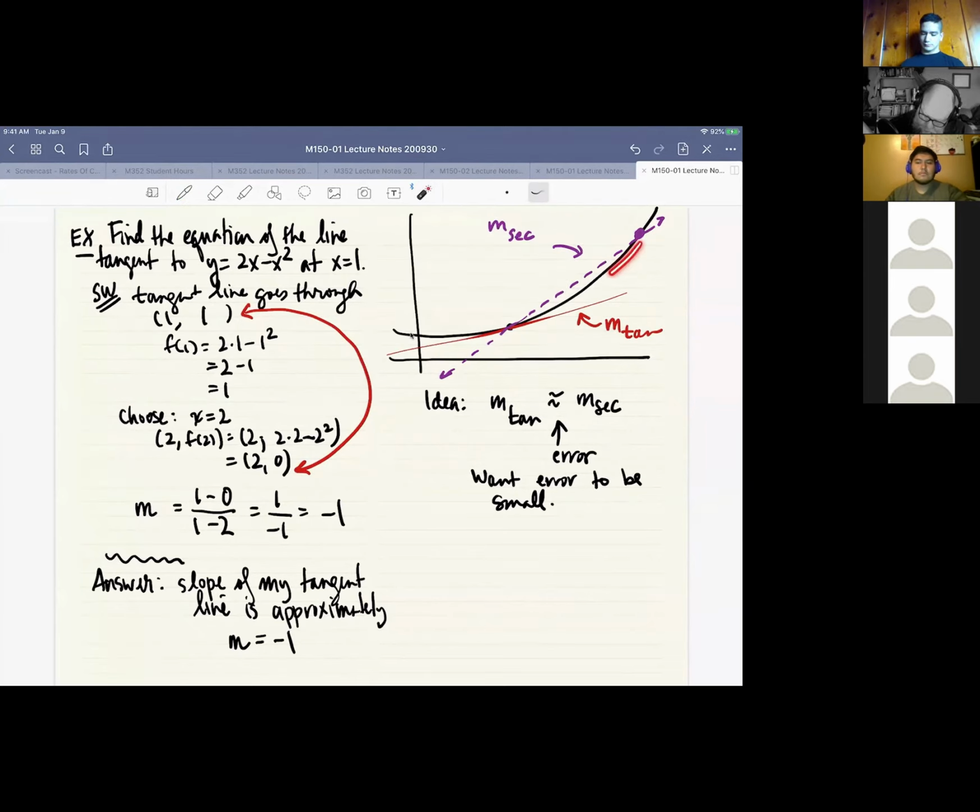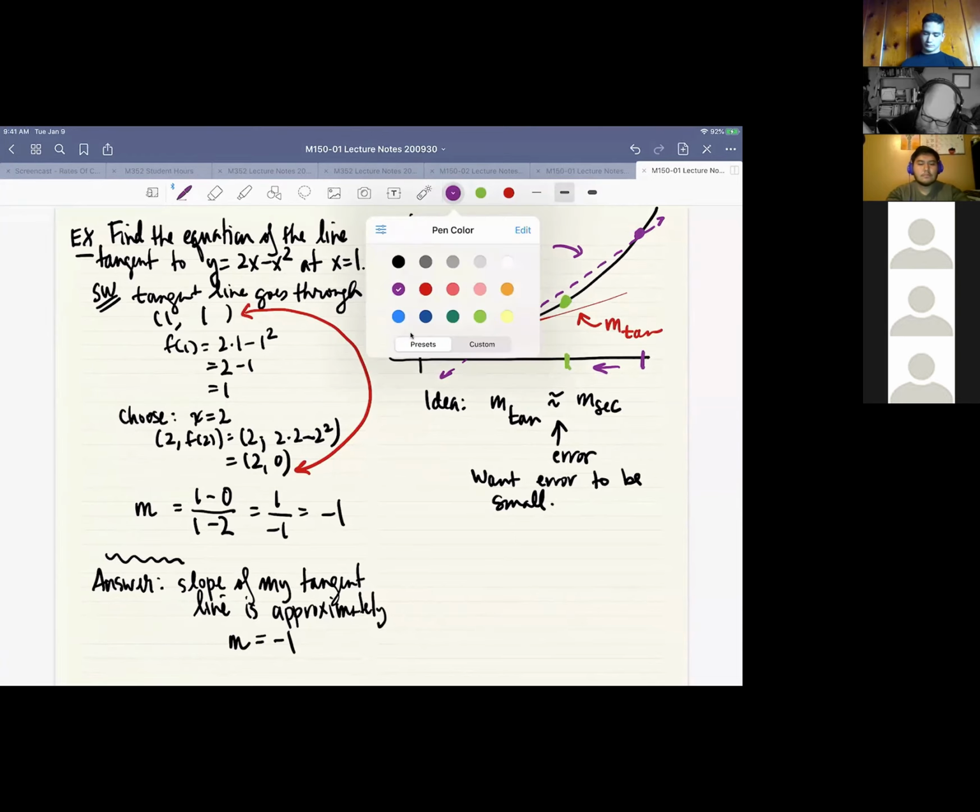If I move this point down the curve, and say I move it to here, so the purple input becomes this input there, then the slope of my green secant line is closer in value to the slope of my tangent line than the purple line was. So the idea here is closer is better.